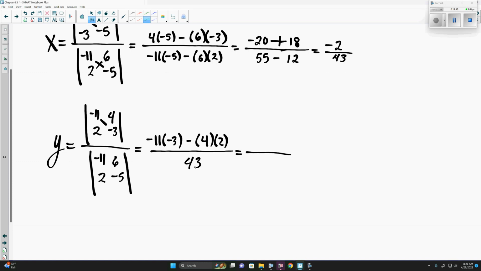So we could have gone and said that it is negative 11 times negative 5 minus 6 times 2. But do I already know what that is? Well, yeah, we got it from the first one, yes? So I have it for the second one already. So I could have done this again, and then reached the same conclusion, or I could put the conclusion in if we know where it's going.